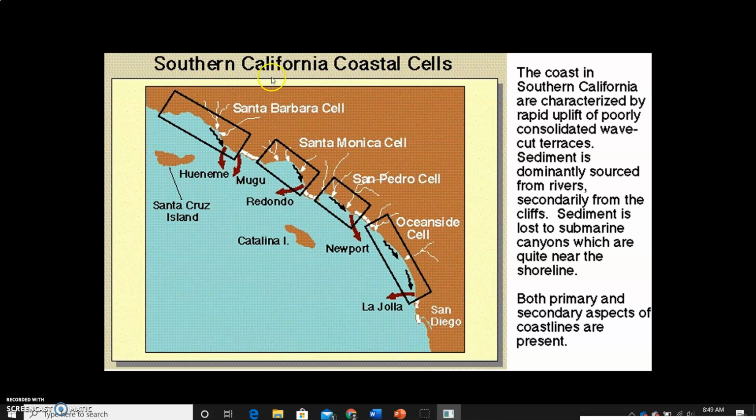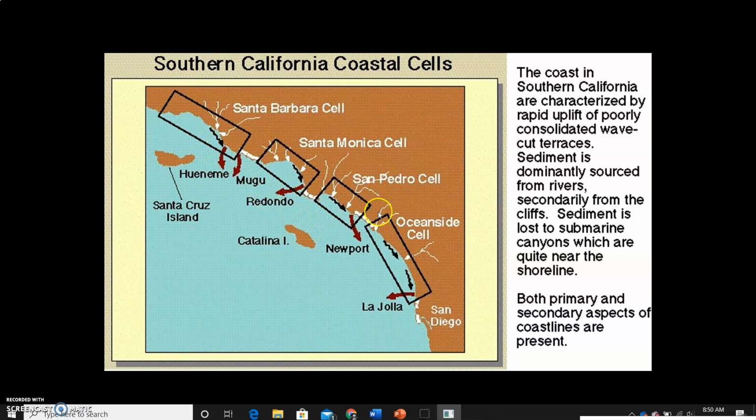Anyways, this is showing the Southern California coastline, and they're showing that the sediment is dominantly sourced from the rivers, and secondarily from the cliffs as well. And a lot of the sediment is lost to submarine canyons, which are also near the shorelines here.